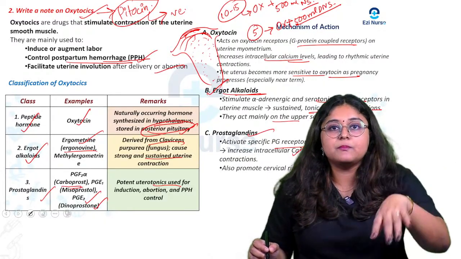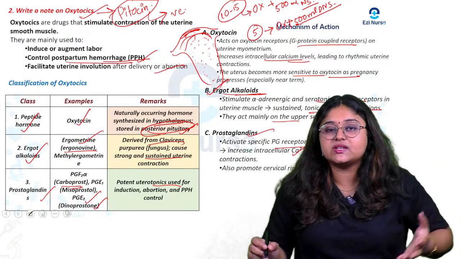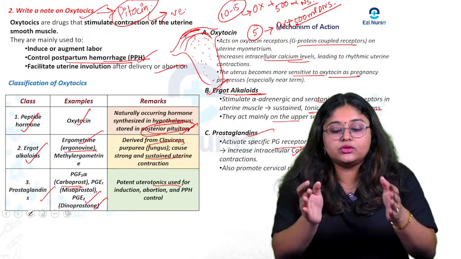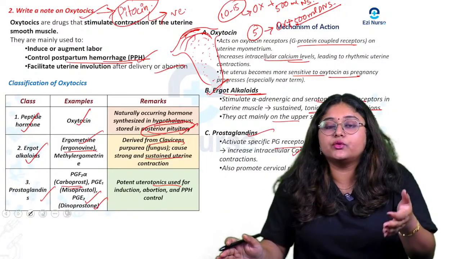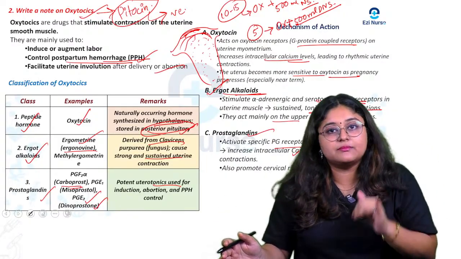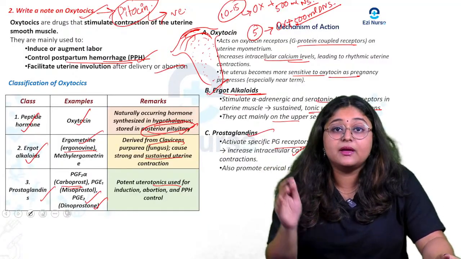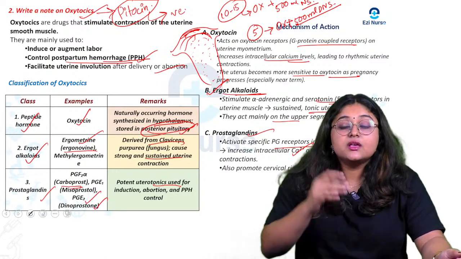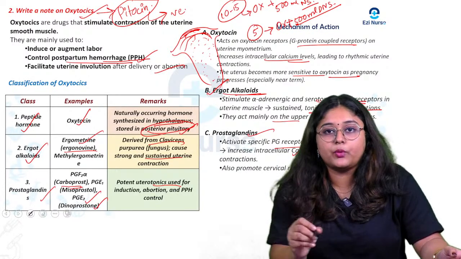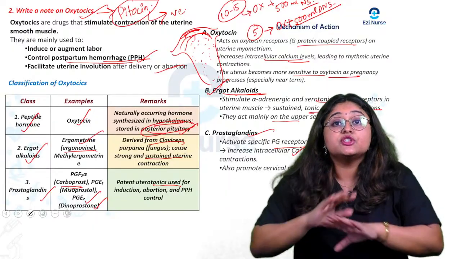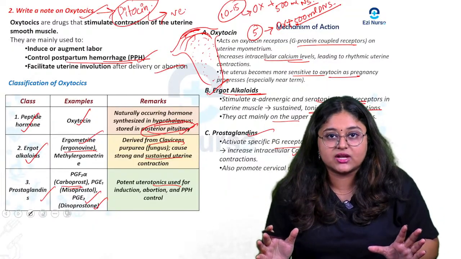So if the mother is having calcium deficiency, then obviously along with the oxytocin and DNS, based on the physician order and the mother's health condition, we also have to give calcium in the IV infusion. Okay, so calcium is one of the most important components for maintaining the uterine contraction as well as smooth muscle movement and contractility.